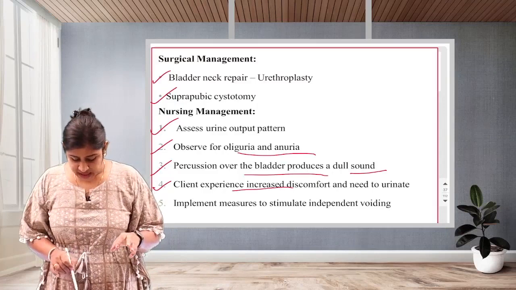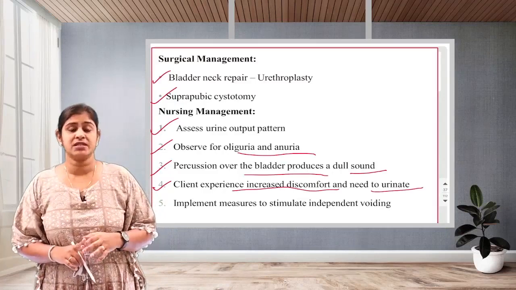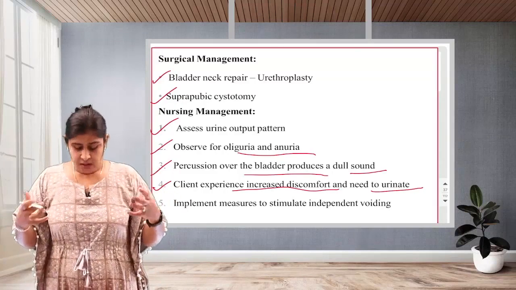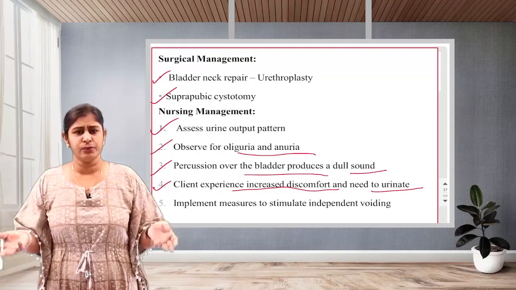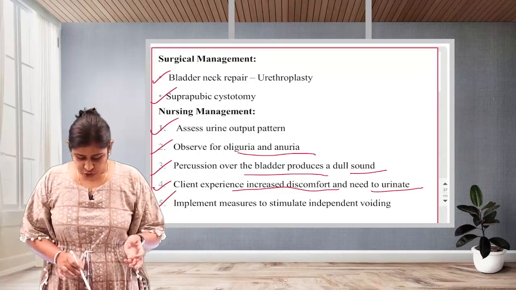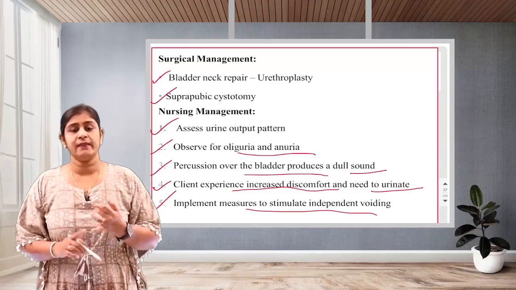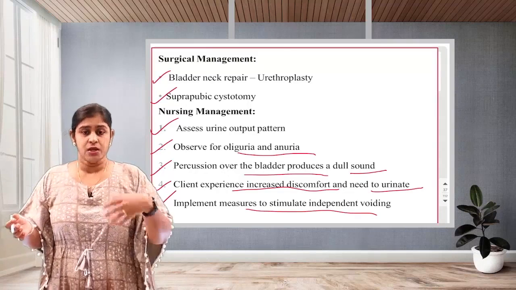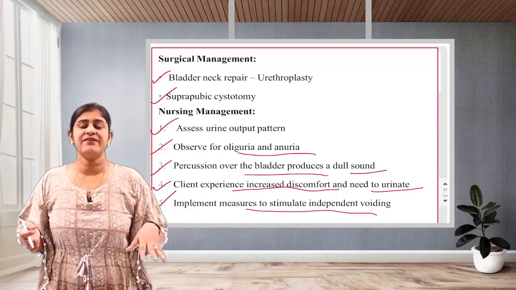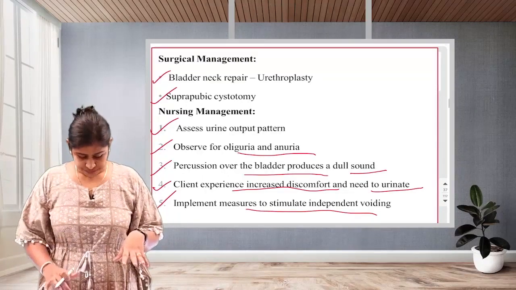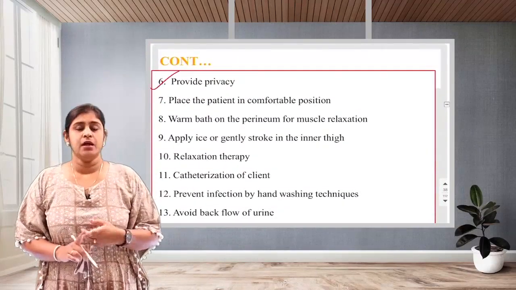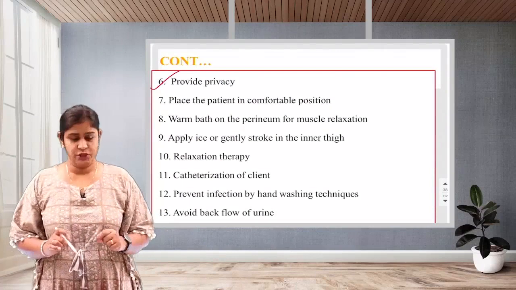The client experiences increased discomfort and a need to urinate. Implement measures to stimulate independent voiding, so that the person can void independently. Then sixth, provide privacy. Provide proper privacy to the patient.